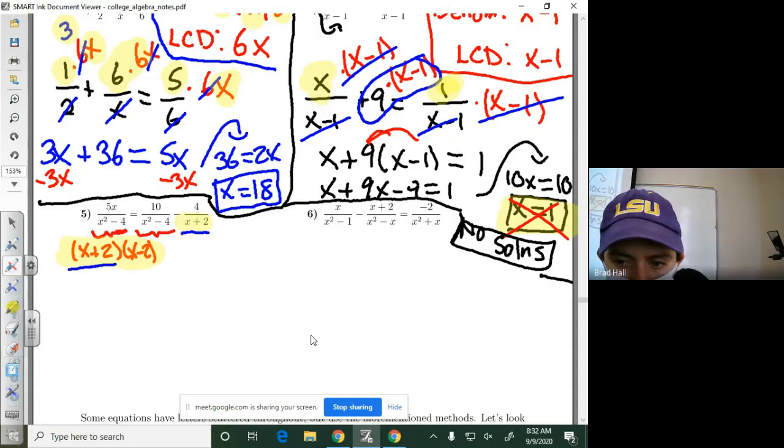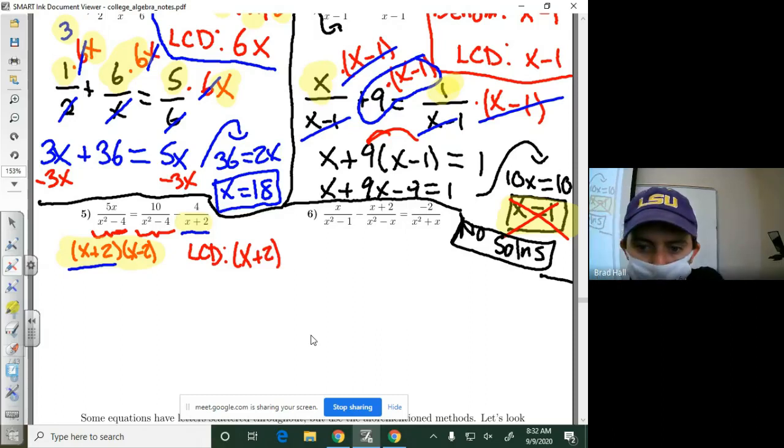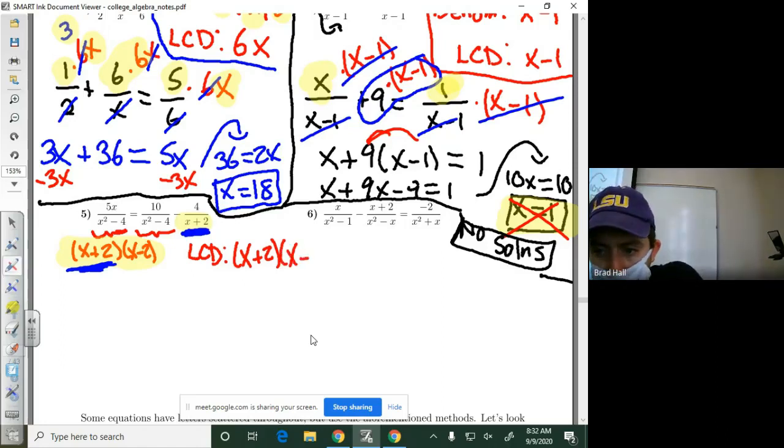So in essence, the LCD, we're going to have an x plus 2 for both that x plus 2 and that x plus 2. And we'll have an x minus 2 for this one here.